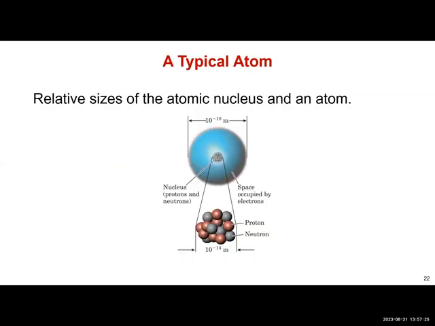Atomic size is in the range of 10 to the negative 10 meters. Inside the atom, the small region the nucleus takes up is about 10 to the negative 14, about 10,000 times smaller than atomic size. Therefore, the nucleus is a very small part of the atom.